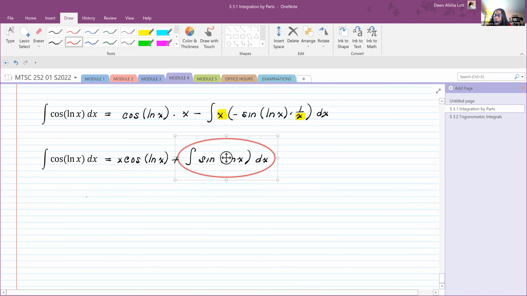So for the integral of the sine of the natural log of x dx, I'm going to let u equal the sine of the natural log of x and dv equal dx. So now what is du?